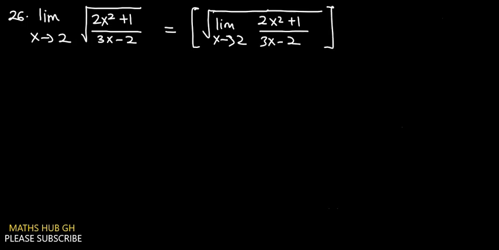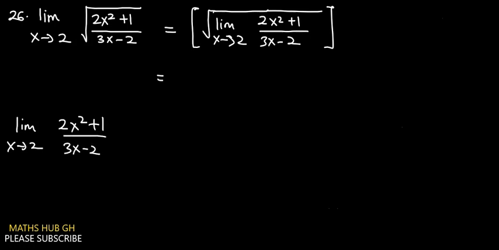So we can compute the limit this way. Now let's focus on the limit as x approaches 2 of 2x squared plus 1 divided by 3x minus 2.